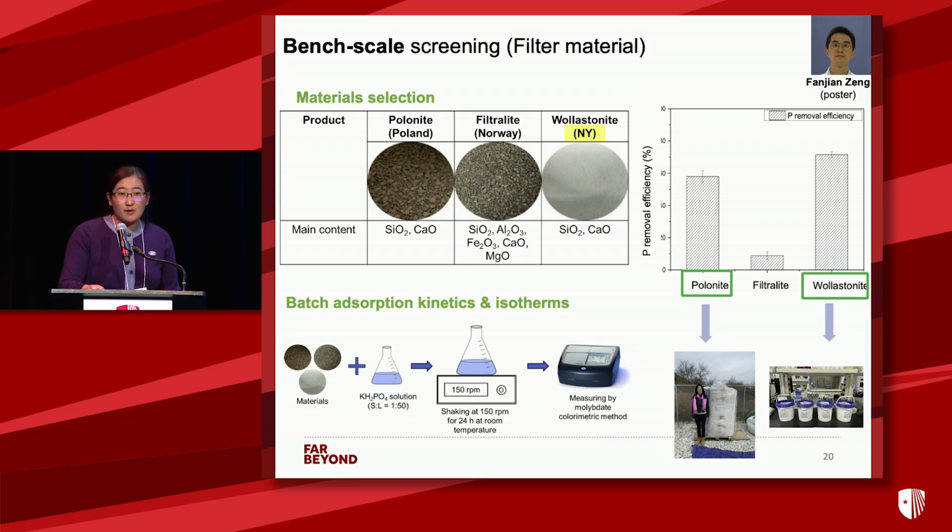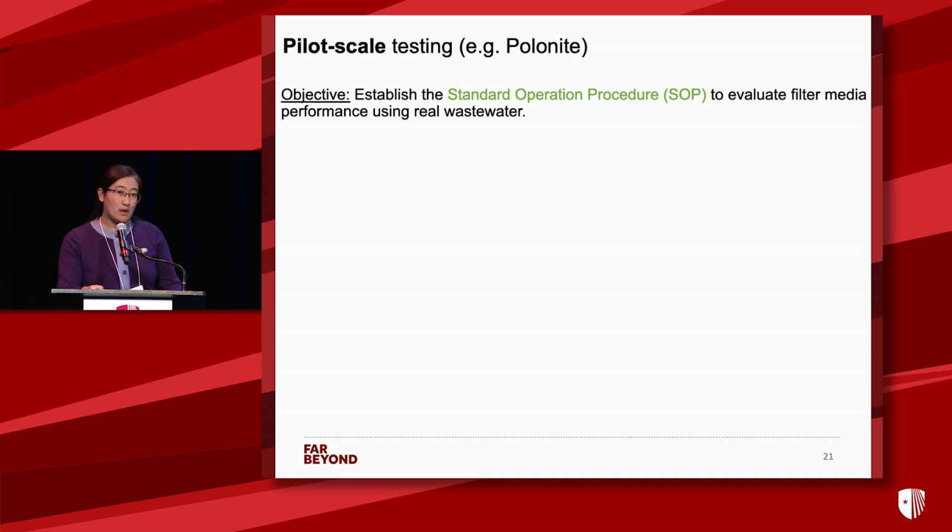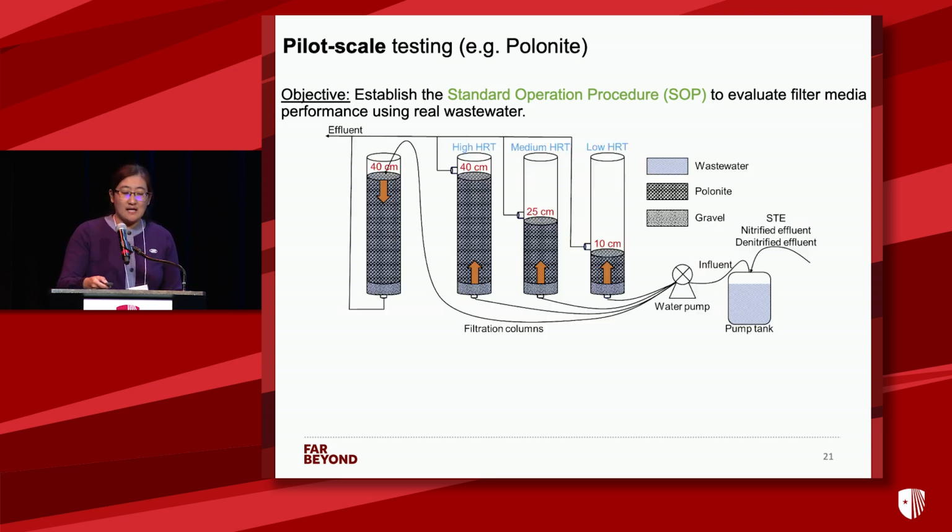So basically for polonite, I want to give you an example of what we're doing. In pilot scale testing, we are trying to establish this SOP in order to compare different types of media. We found in the literature that a lot of discrepancy is due to non-uniform study systems. So instead, we constructed the columns in the research trailer so that we can feed them with real wastewater.